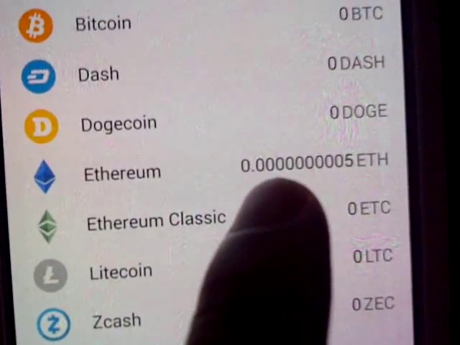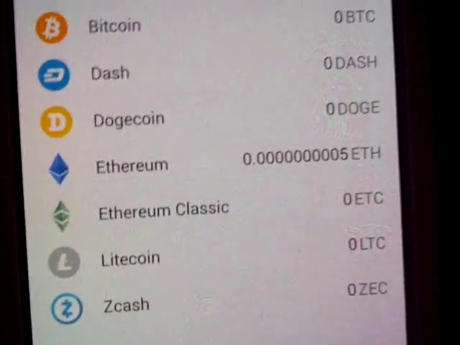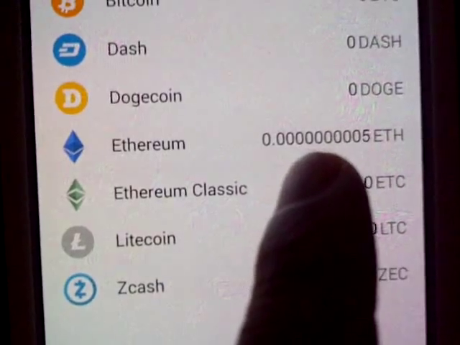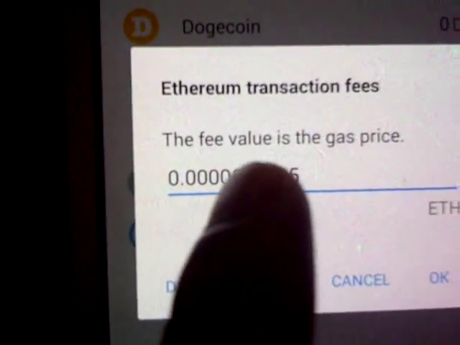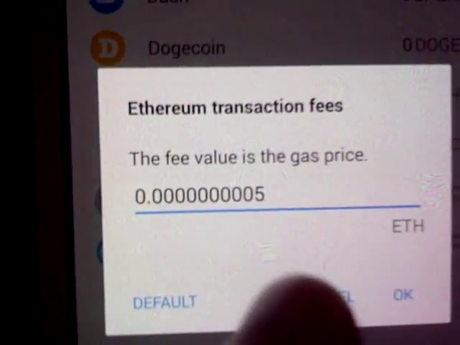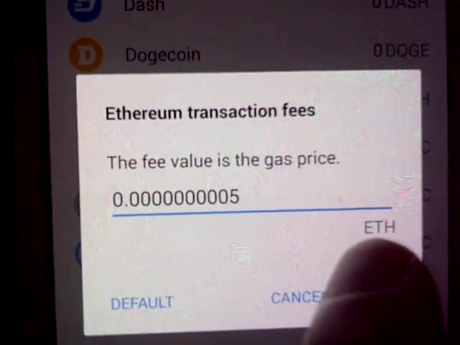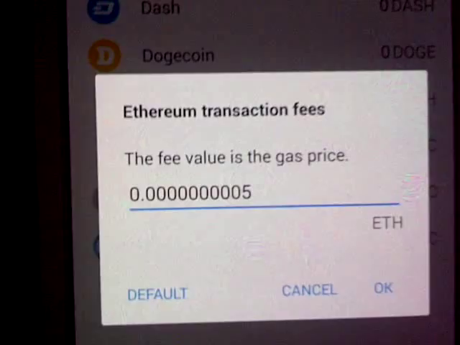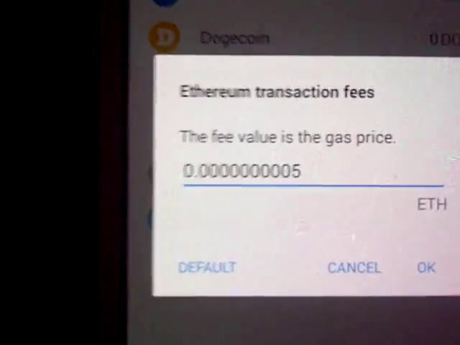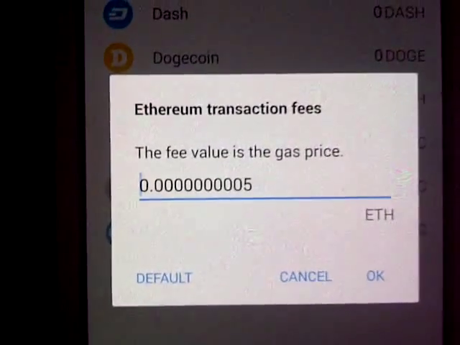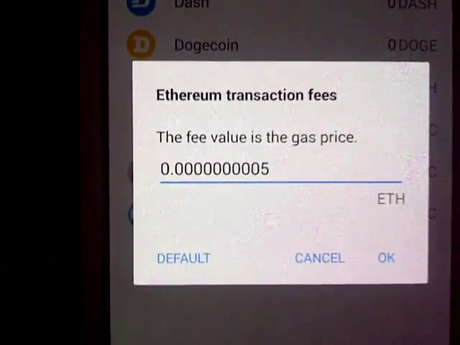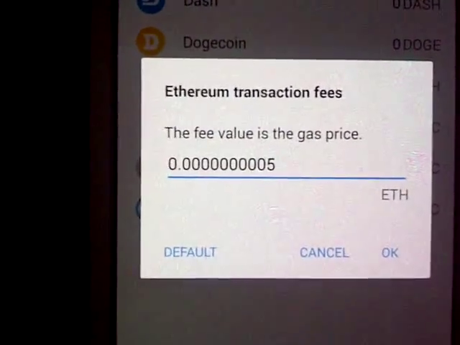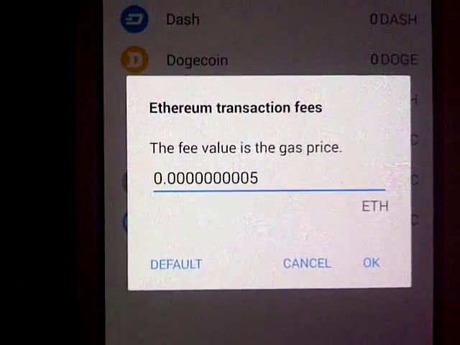Now you can put more, but whatever the gas limit is times this fee, which is not an Ethereum fee, it is a gas price. It's kind of deceptive because it says ETH. It kind of is an Ethereum price, but it's different than Bitcoin or Litecoin, where you put a transaction fee and you put a Litecoin amount in the transaction fee.